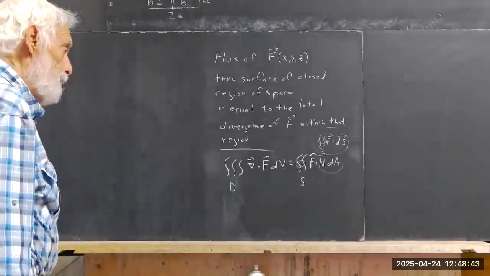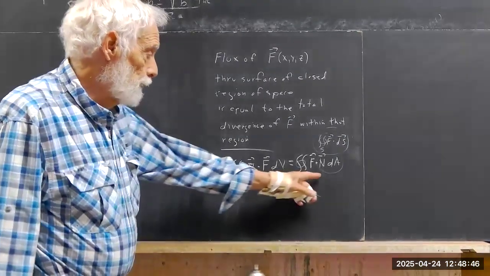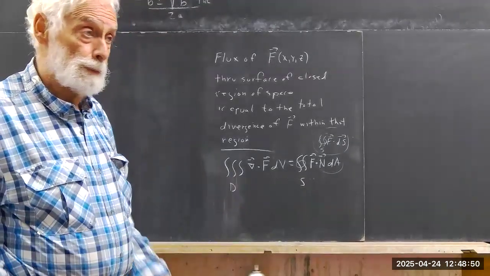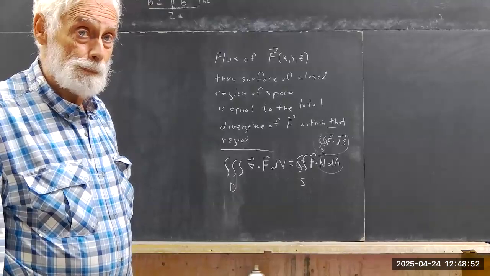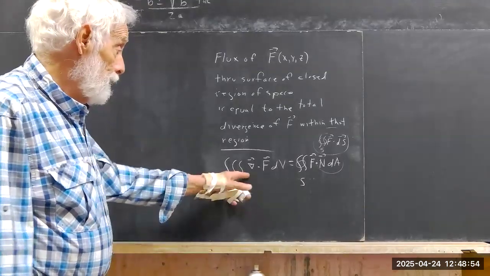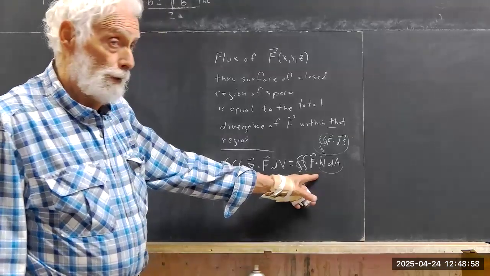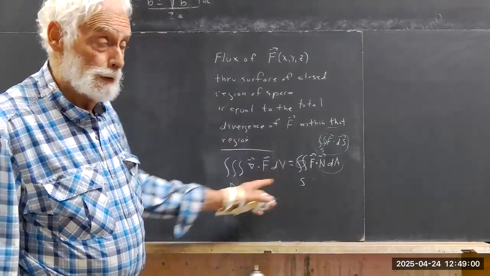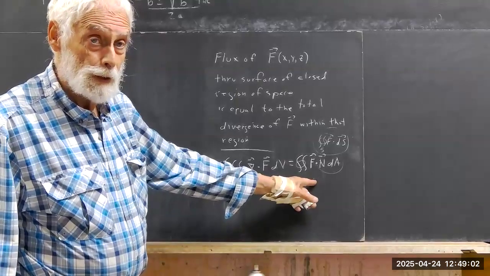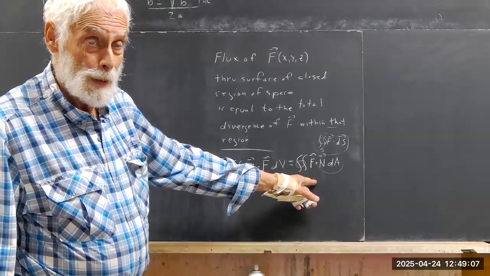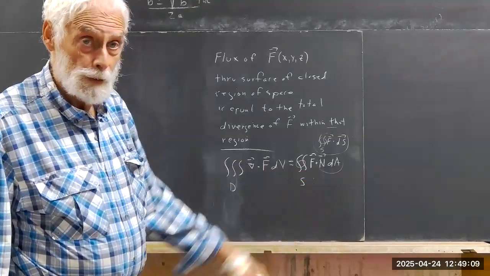If we want to find the flux through the surface, we can integrate the divergence through the region. If the integral of the divergence is complicated, but the surface integral is simpler, we can calculate the integral of the divergence by doing the surface integral. We can do one or the other or both.